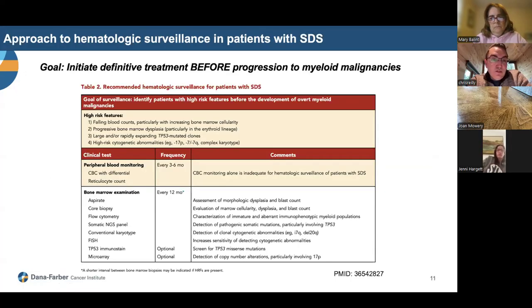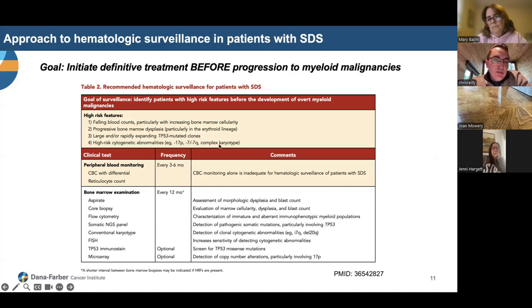We did publish this review several years ago now, and I still think this really holds true in terms of specific recommendations for providers, for physicians that are really trying to do their best in monitoring patients. What we were able to distill here are several what we call high risk features, things that would cause us as doctors to think more carefully about a patient in a given context.